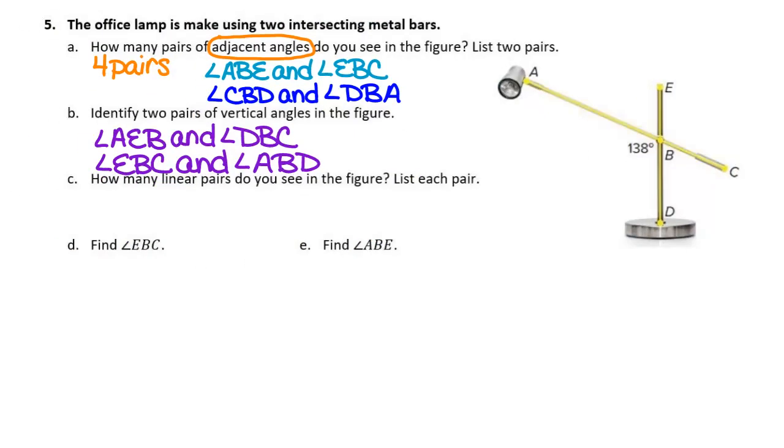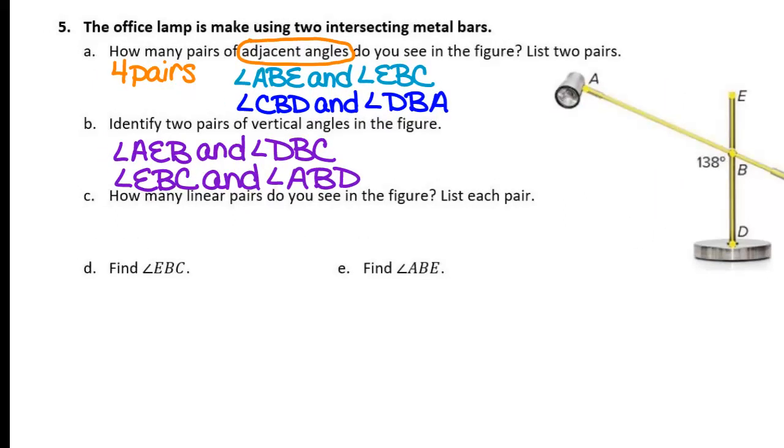All right. How many linear pairs do we see in this figure? What do linear pairs have to have? Yes, they have to be adjacent. They have to have a shared side. And together, their non-shared sides have to form what? 180 degrees, a straight line. Because this figure, this desk lamp, is formed by two intersecting lines making an X, all of my adjacent angles are also linear pairs.